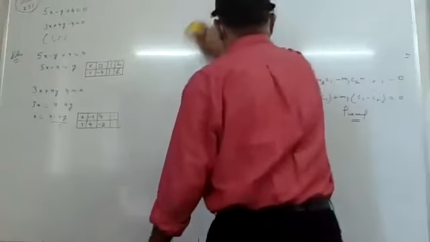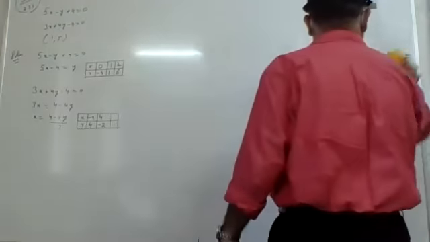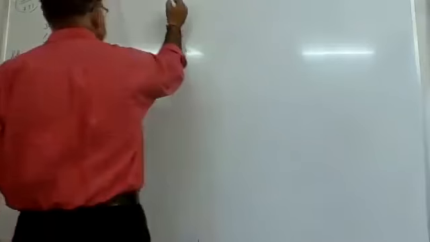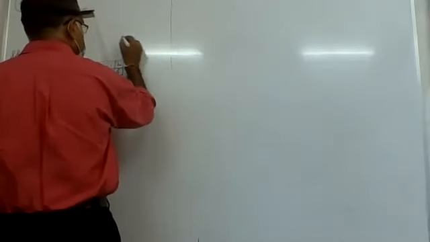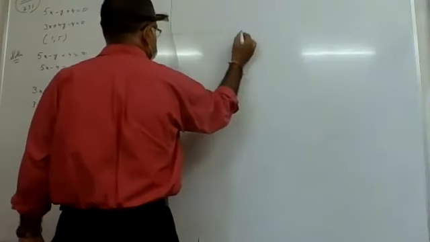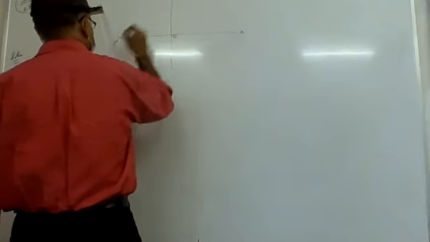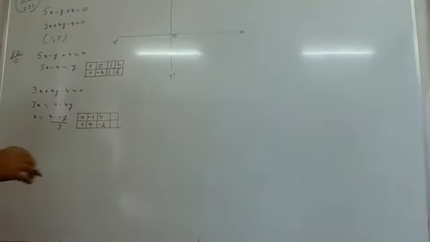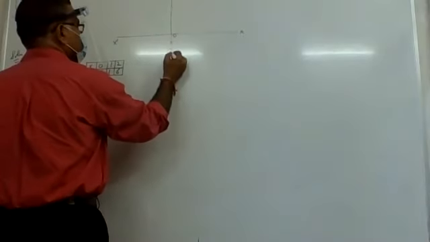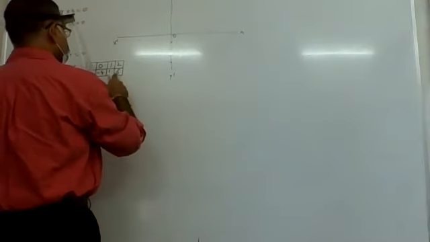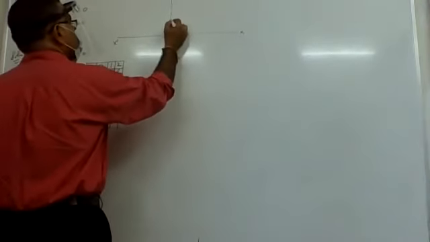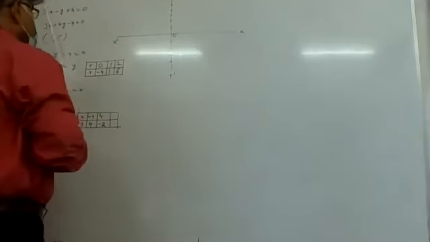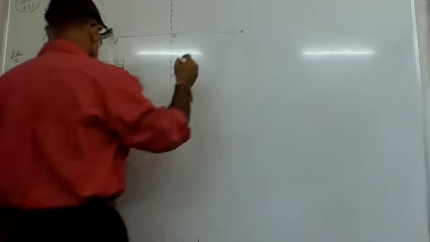Now, so the question is, the value of y is minus 4, 1, 2, 3, 4, and the value of y is 6, 1, 2, 3, 4, 5, 6, and the value of x is maximum 4.